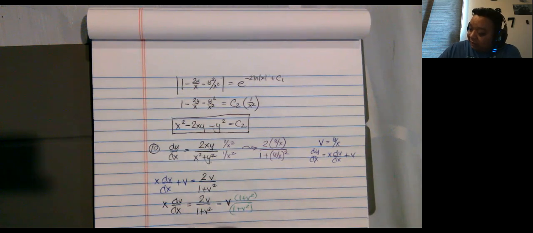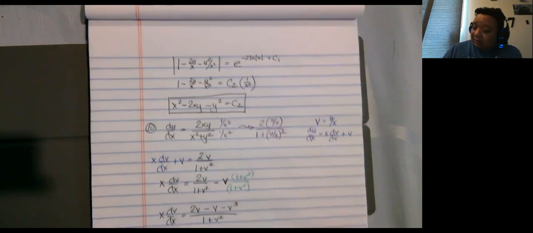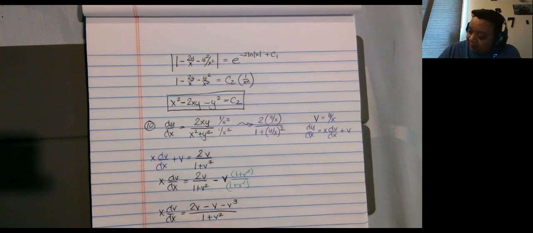And so on the numerator, you're going to have 2v minus, distribute the v, you get minus v cubed, all over 1 plus v squared is equal to x dv/dx. And combining like terms, you get x dv/dx is equal to v minus v cubed all over 1 plus v squared.